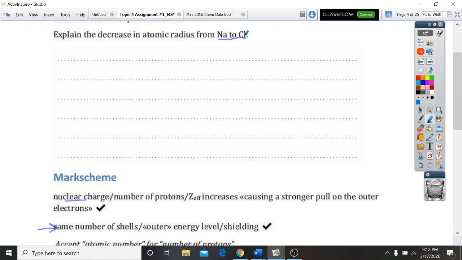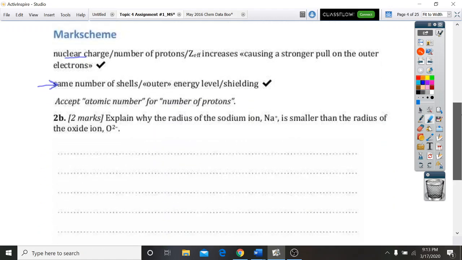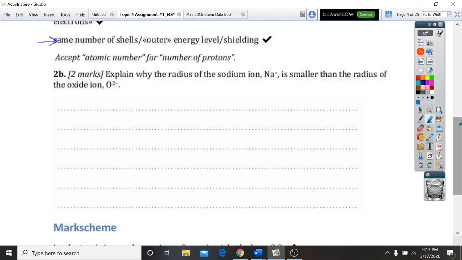But you know that despite having the same amount of energy levels, you also have one more proton successively as you go from Na to chlorine, meaning that the nucleus gets stronger and more effective at actually being able to attract in its electrons. Therefore, we move on to 2B.